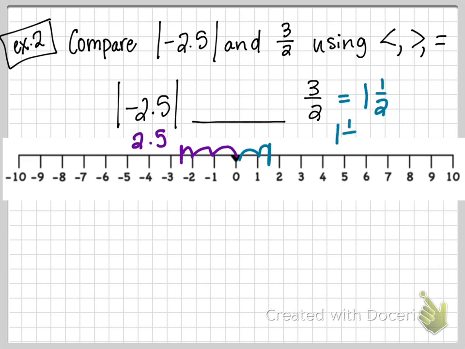So the value of 3 halves is 1.5. Which one of these is greater, the absolute value of -2.5 or 1.5? Hudson? Good. The absolute value of negative 2.5 is bigger because that distance is bigger than 1.5. Okay? So simplify the absolute value first so that you can better compare the two numbers.